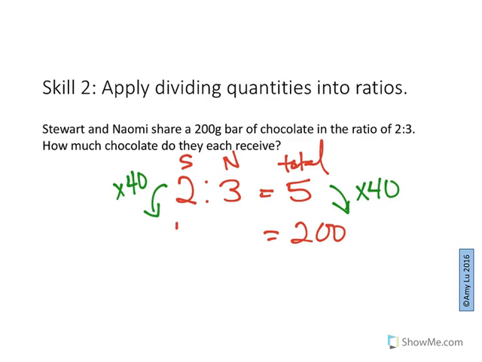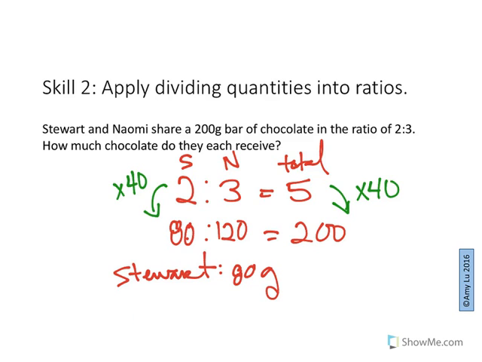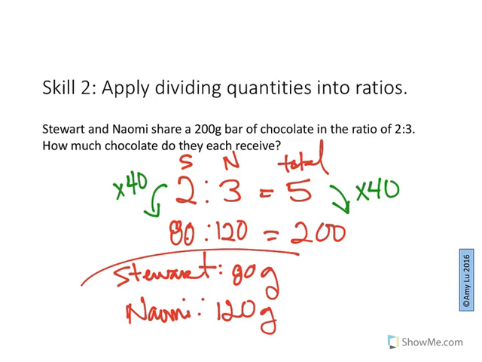So 2 times 40 makes 80. And 3 times 40 makes 120. And 120 plus 80 does make 200, so it's correct. So Stuart receives 80 grams. And Naomi, she gets to be the lucky one and eat 120 grams of chocolate. And that's it.